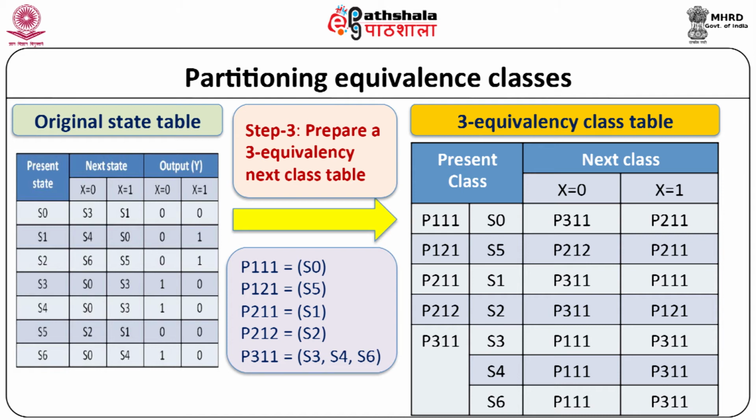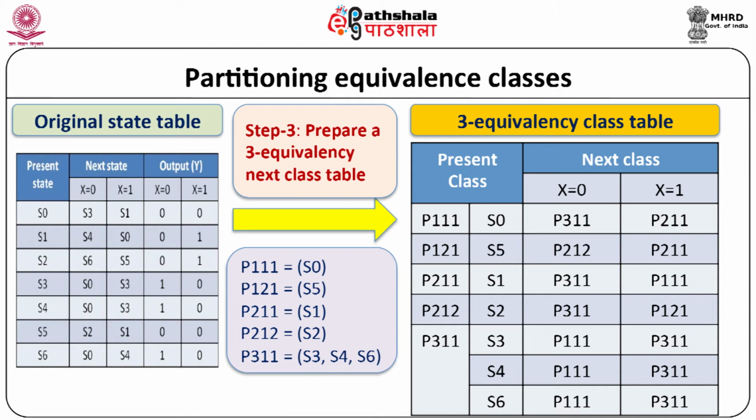A new class table is to be prepared by referring to original state table to indicate 3 equivalency classification. The 3 equivalency next class table is shown here. For example, the x is equal to 0, the next state for present state S0 is S3, which is in class P311.